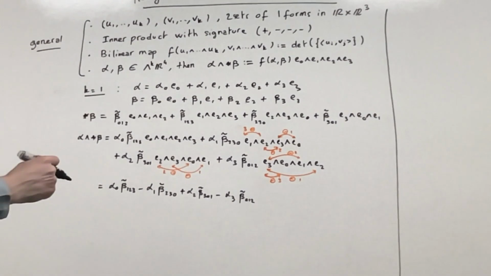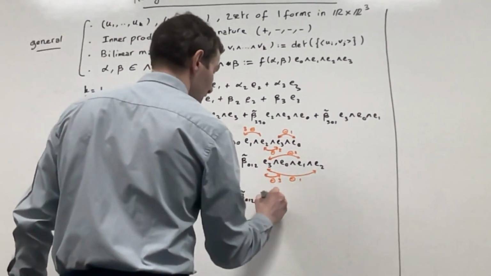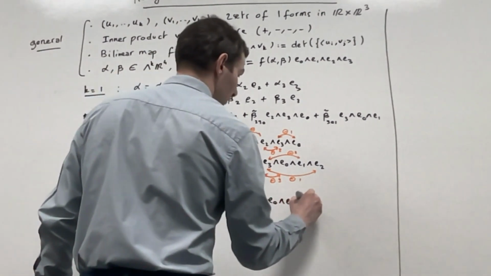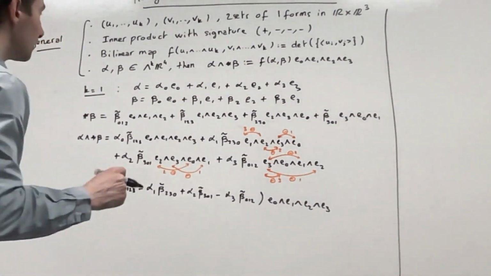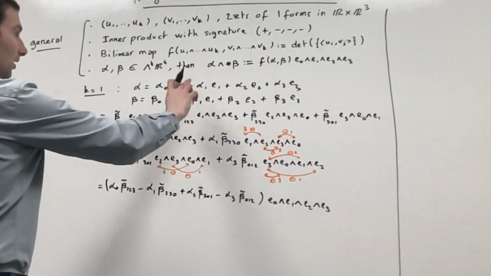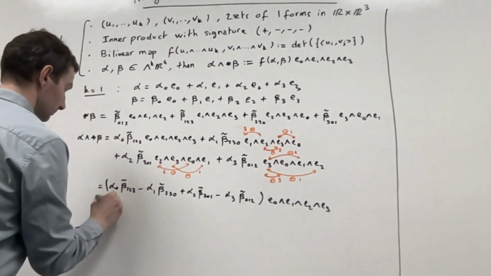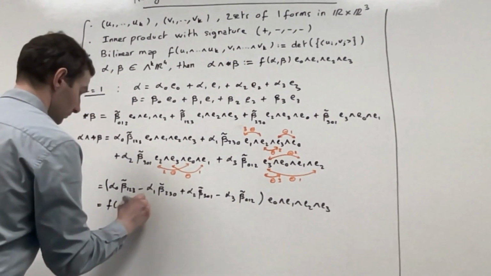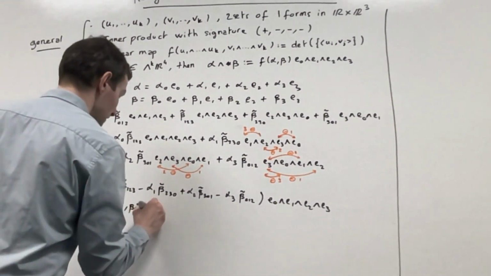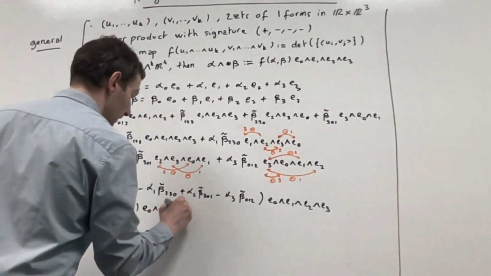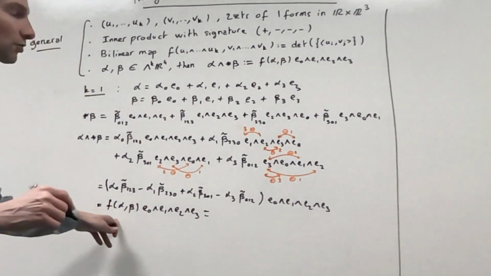Now, finally, what we need to do is to compare this particular expression, which is going to be in the form E0, E1, E2, E3, to f of alpha beta. Now, because alpha and beta are one forms, the only thing we need to do is basically just to apply the inner product.